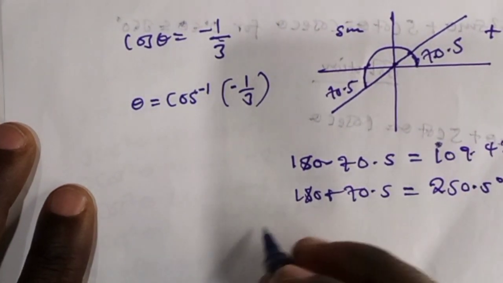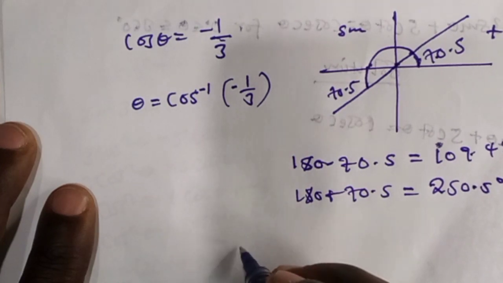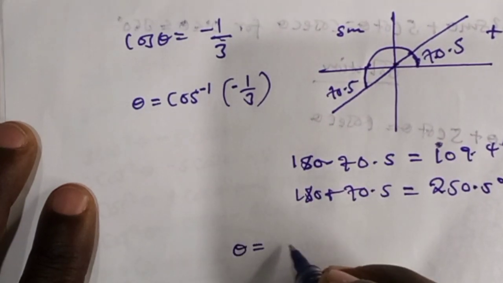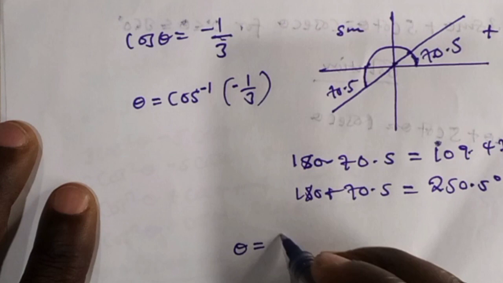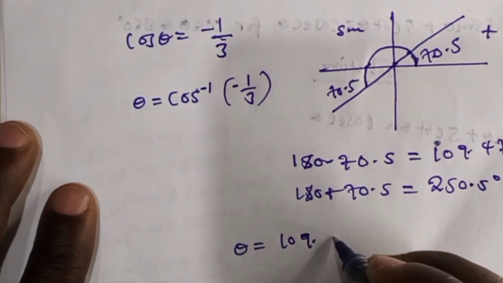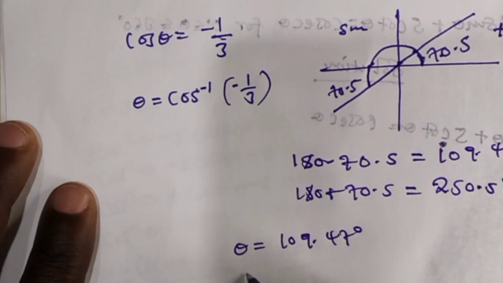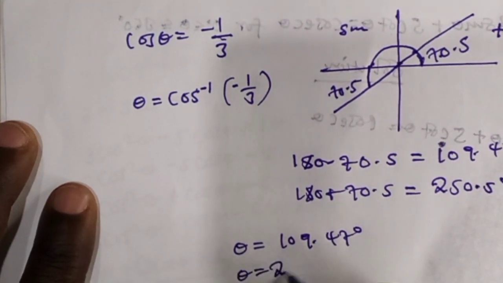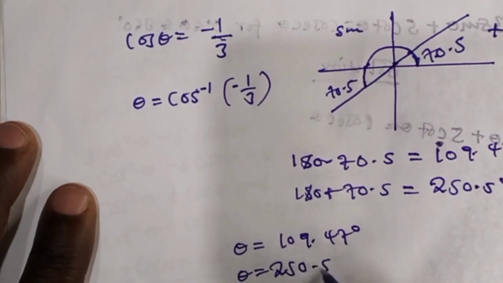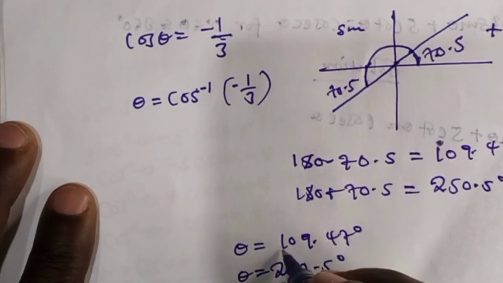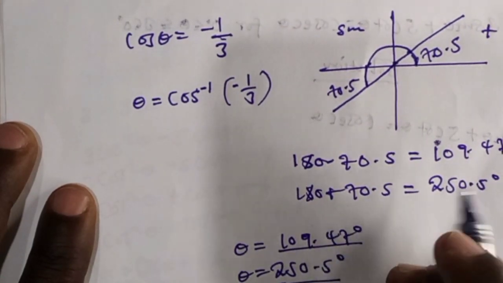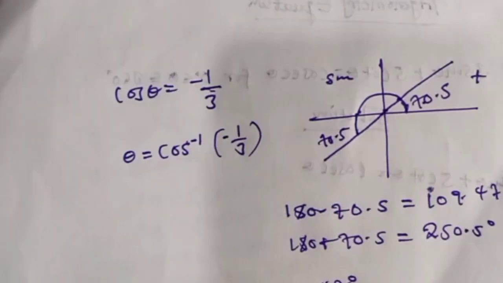So our possible values for theta are 109.47 degrees and 250.5 degrees. These are our possible values for this question.